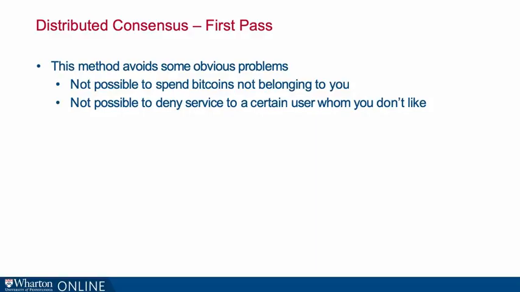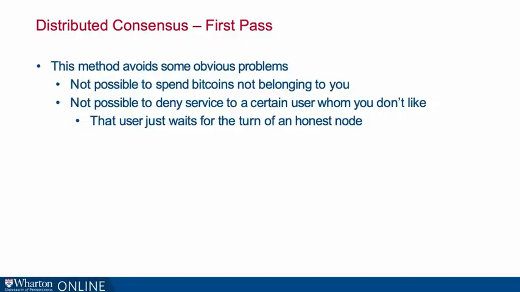And it's not possible to deny service to a certain user whom you don't like. So if you are a malicious node, you can say, well, I'm not going to include the transactions of a whole group of people, say, that I don't want to do any business with in my block. That's fine. All these people out there just need to wait for an honest node to get their chance.